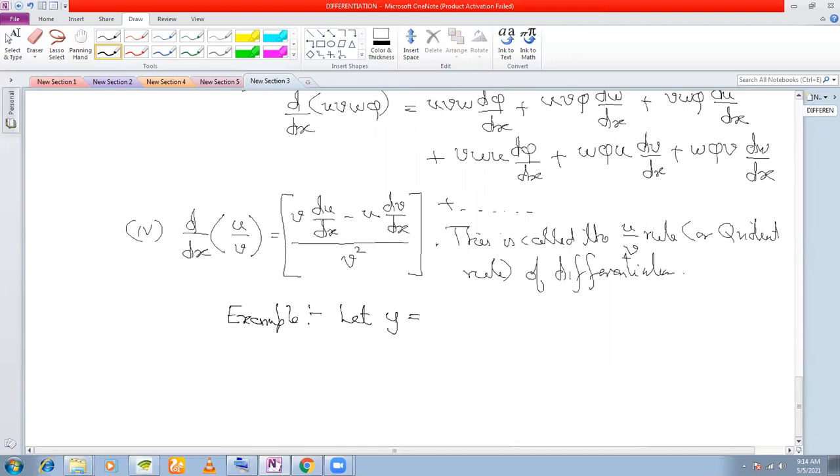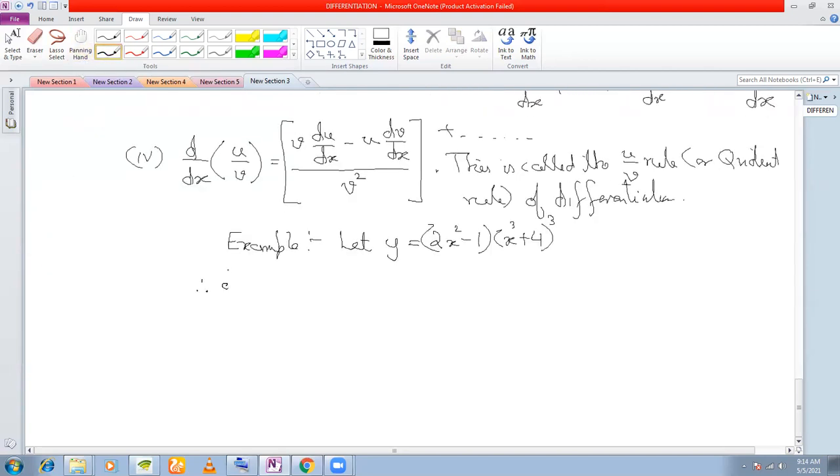Suppose I give you y is equal to 2x square minus 1 into x cube plus 4. Let's say x cube plus 4 simply. X cube plus 4 whole cube will also do. Fine. How to do this?